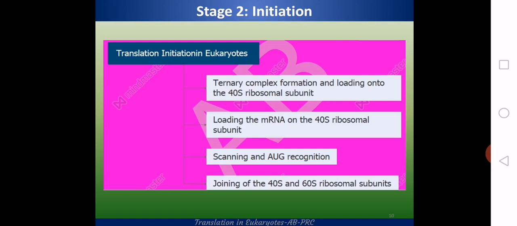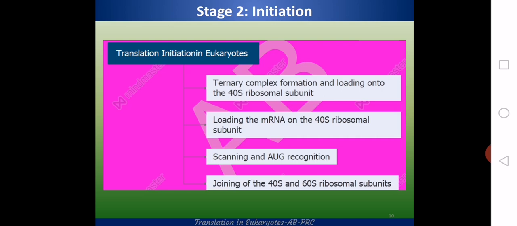Second, this ternary complex will be loaded onto the 40S ribosomal subunit, the smallest subunit of the ribosome, followed by scanning and AUG recognition. Finally, the larger subunit will attach to form the initiation complex. So this mechanism is slightly different from that in prokaryotes.